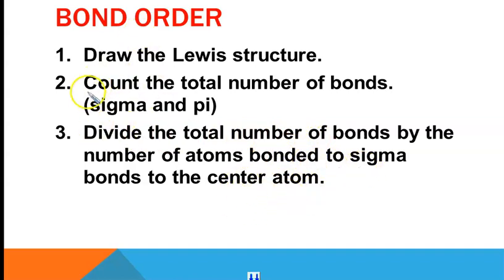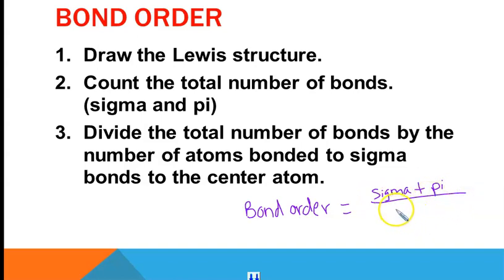Here's an easier way to write this. To find bond order, you're going to take the sigma bonds plus the pi bonds. That goes on top, and you're going to divide by the number of sigma bonds.